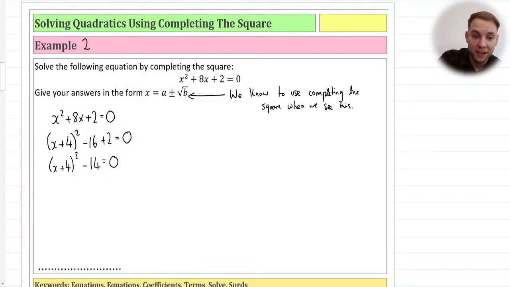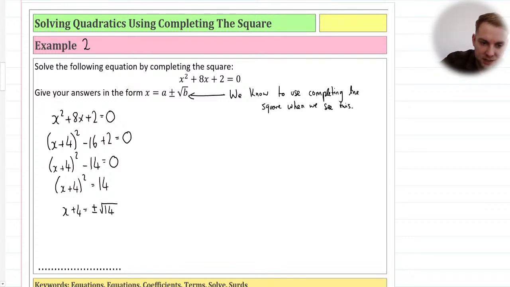And then I solve it like a normal equation. So x plus 4 all squared is equal to 14. Then I square root both sides, remember plus or minus. So x plus 4 is equal to plus or minus root 14.